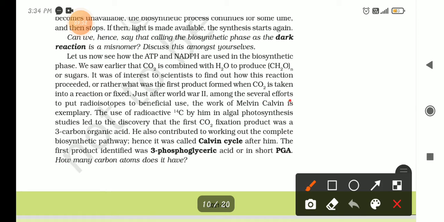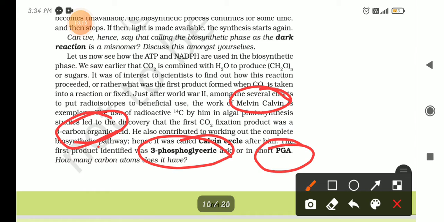We have a scientist named Melvin Calvin. His studies led to the discovery that the first CO2 fixation product was a 3 carbon organic acid, which was later identified as 3-phosphoglyceric acid, or PGA.